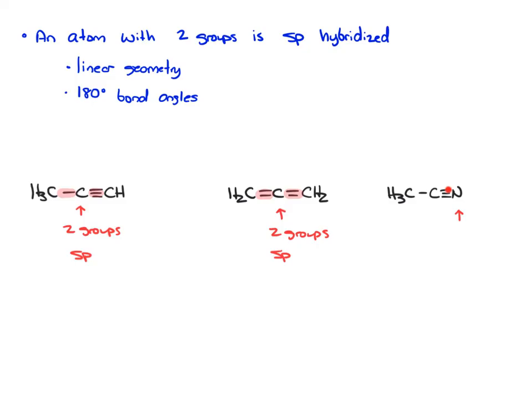No. We have 2, 4, 6 electrons around it. It must also have a lone pair so that it has an octet. Now when we count the groups, 1, 2, 2 groups, that nitrogen is sp hybridized.